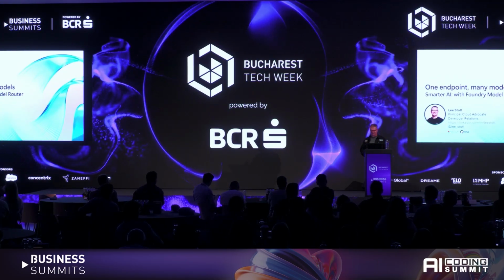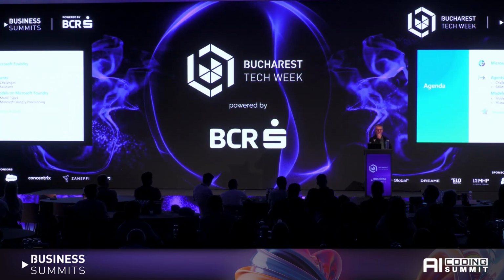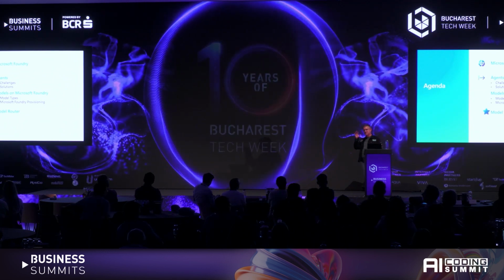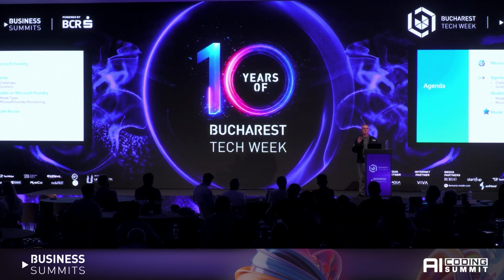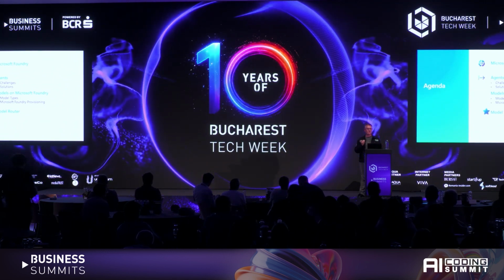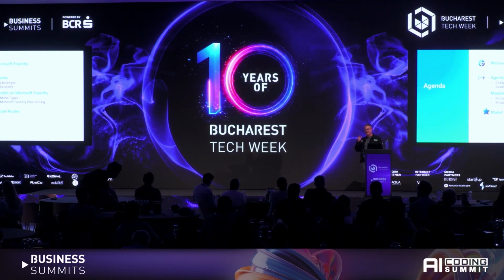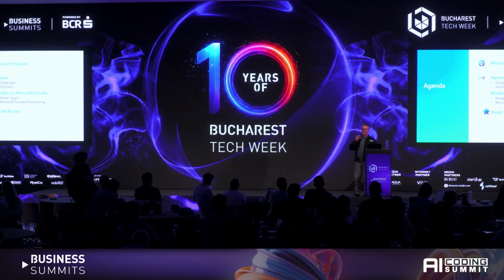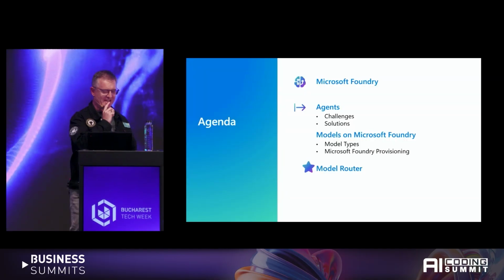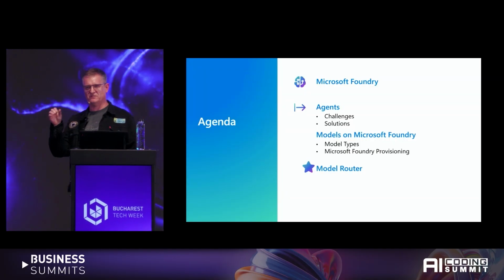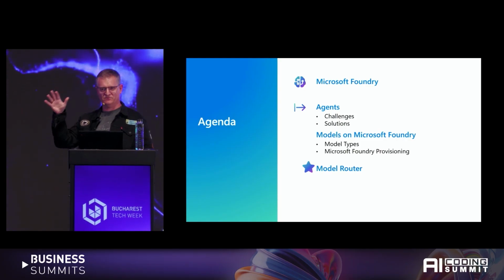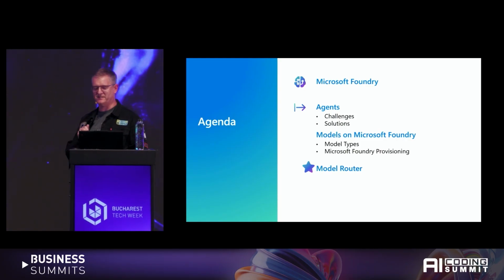So on my slide, a bit of agenda, what we're going to talk about today. First of all, I'm going to give you a bit of an introduction to Microsoft Foundry, which is our all-up AI solution. Then I'm going to talk a little bit about agents and where agents are today. I noticed, from the calls and talks earlier today, not many people are using agents. So I just want to outline what an agent is, what the current challenge is, and what the solutions are.